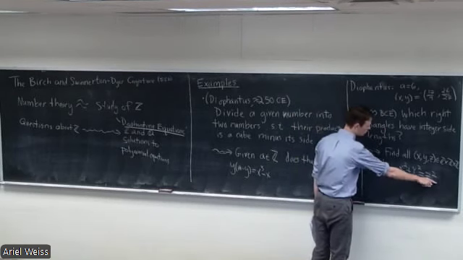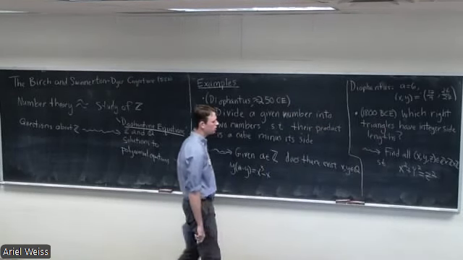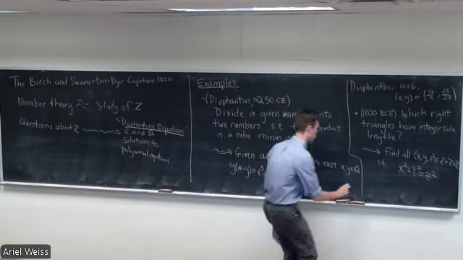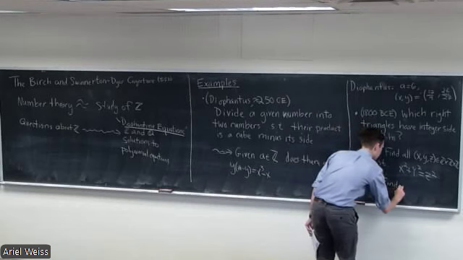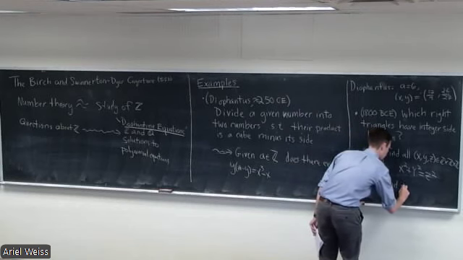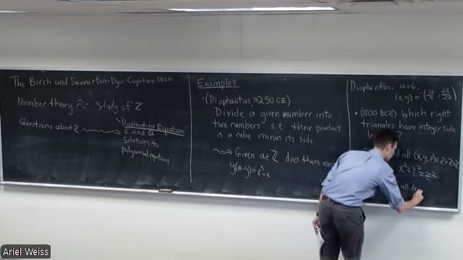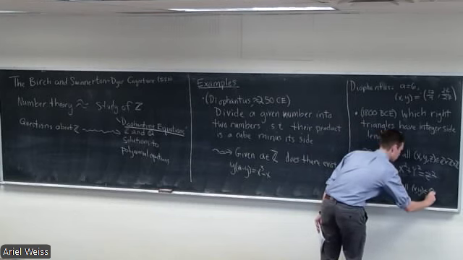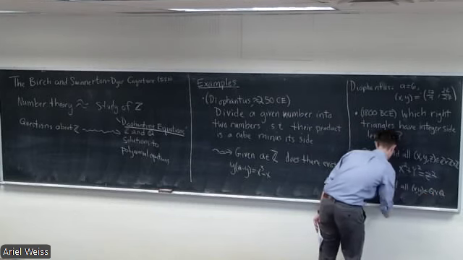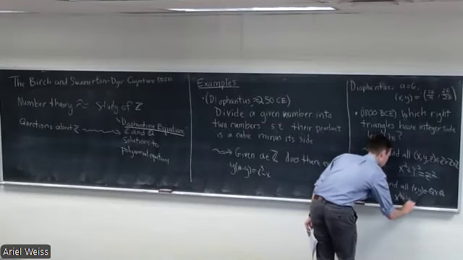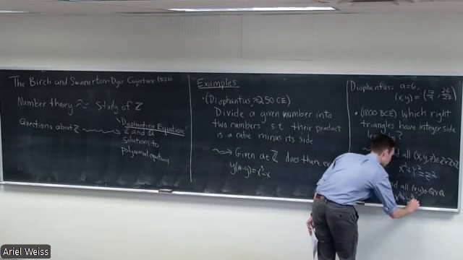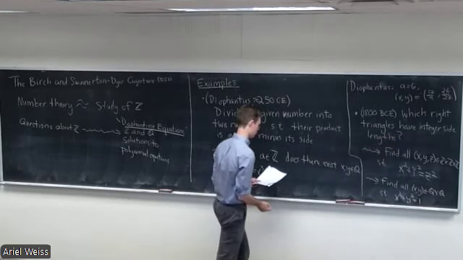Equivalently, if you assume z is non-zero and divide through by z squared, you can write this as finding pairs of rational numbers on the unit circle.